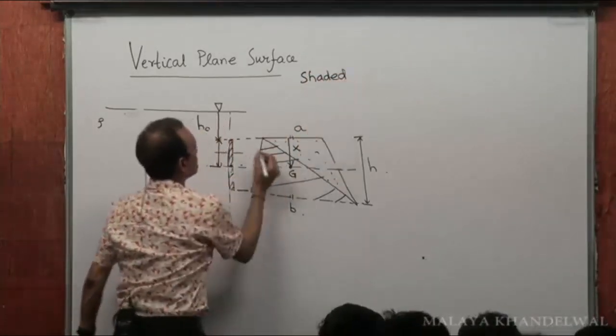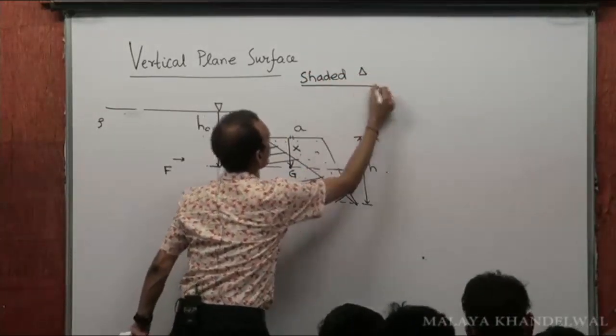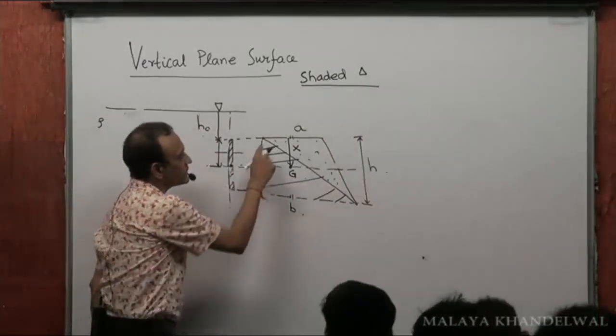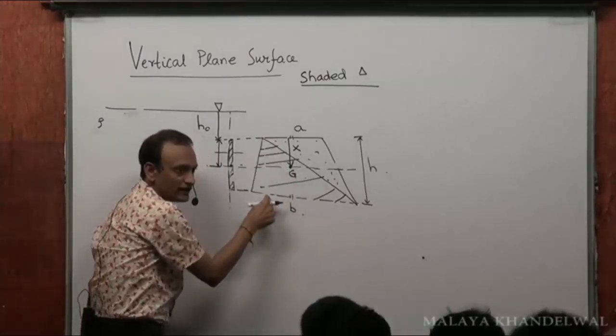So for the shaded triangle, for example, would you want to believe that this is of a height h, isn't it? This is of a height h.